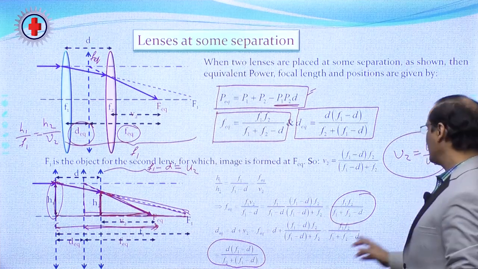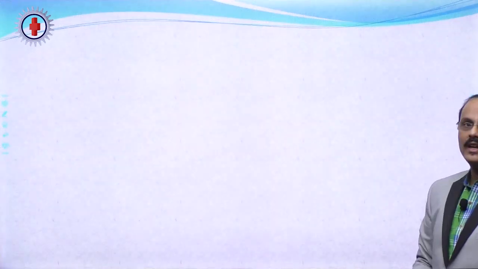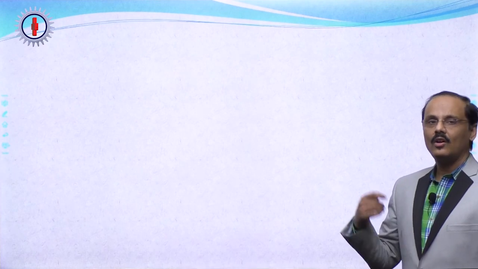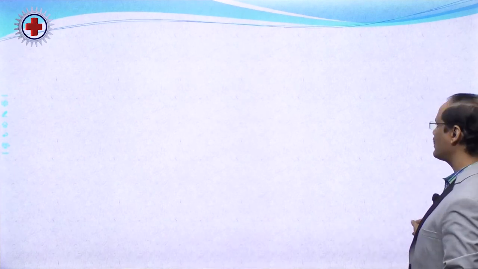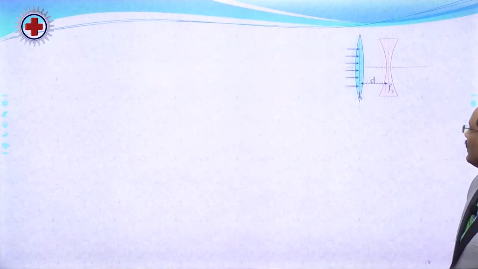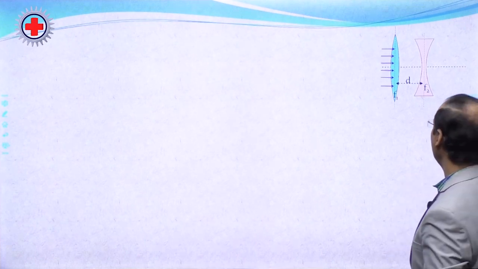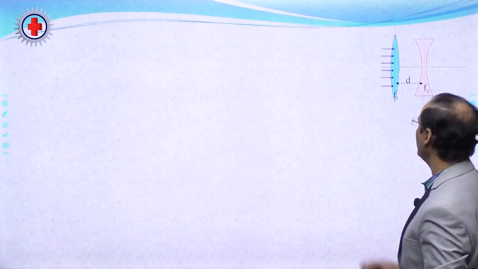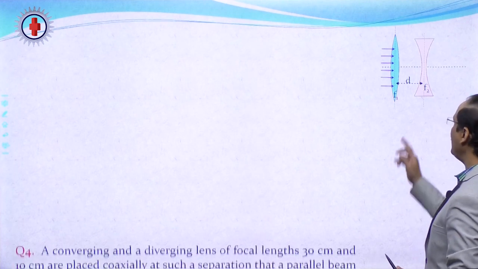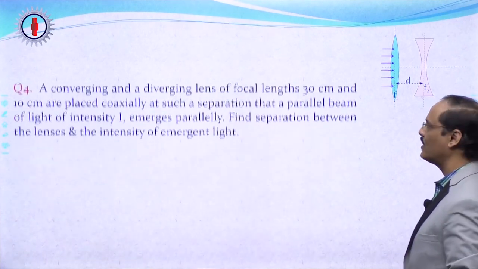These formulas can be directly used only if the equivalent focal length or equivalent distance is asked. Now, here you see we have two lenses f1 and f2 separated at some distance, and a parallel beam of light is incident on it.